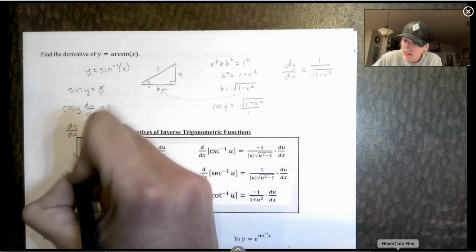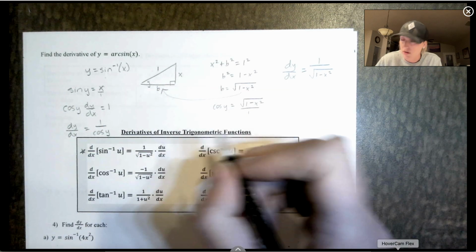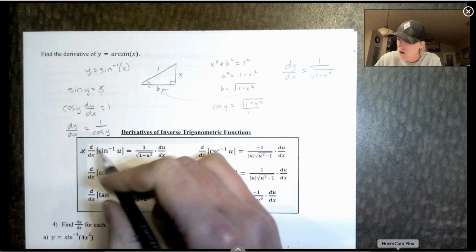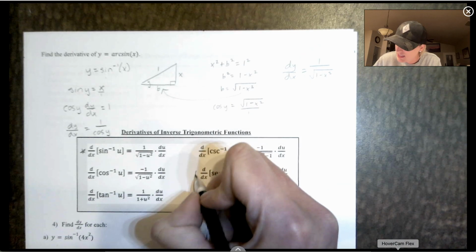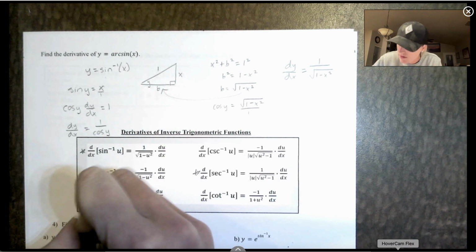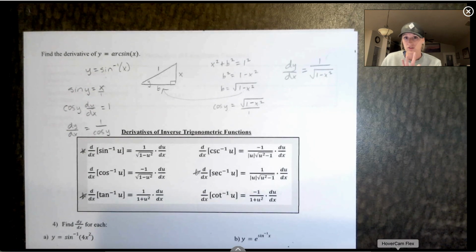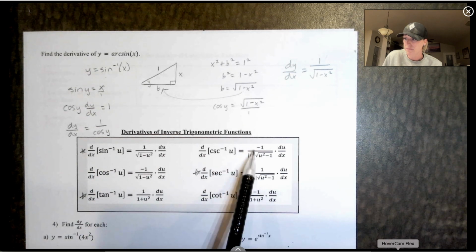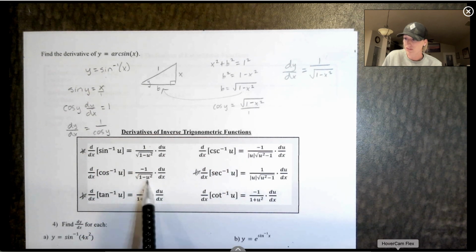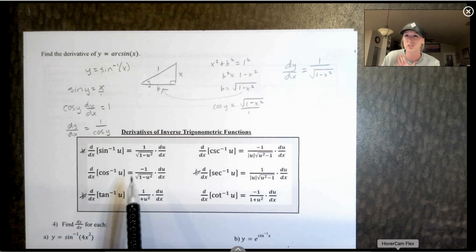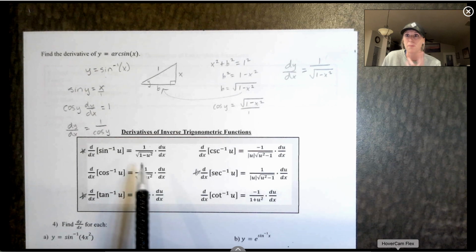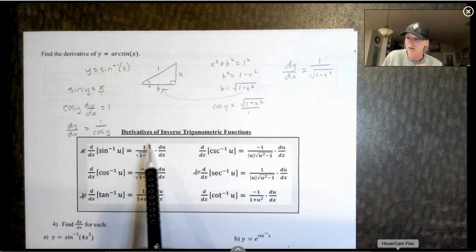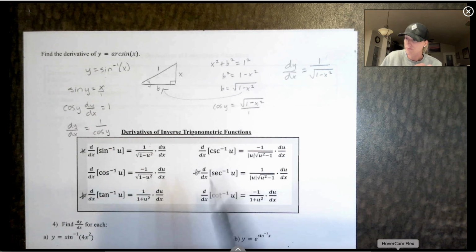The ones that you should memorize are sine, secant, and tangent. The reason you really only need to memorize 3 is because their partners are just the negative of that. So sine and cosine, 1 and negative 1.